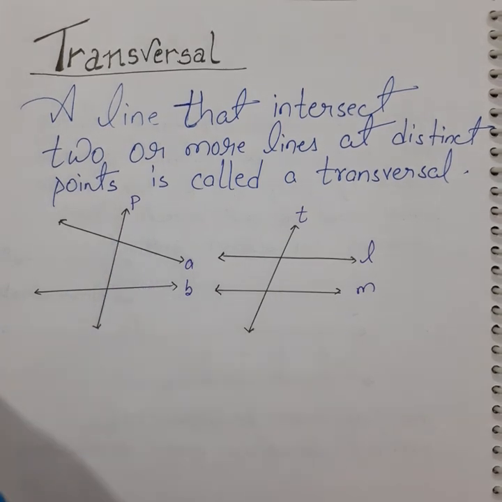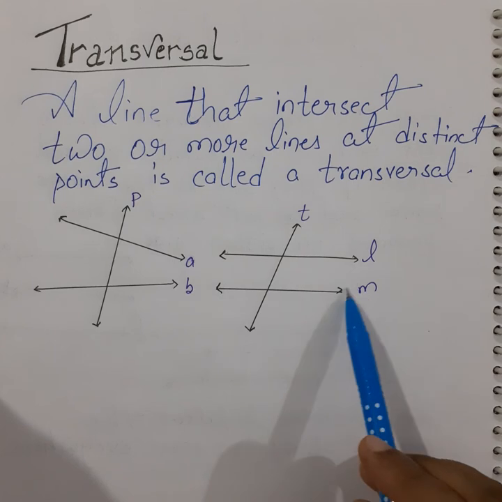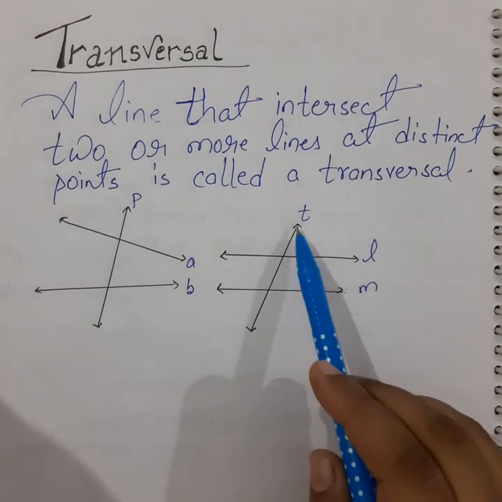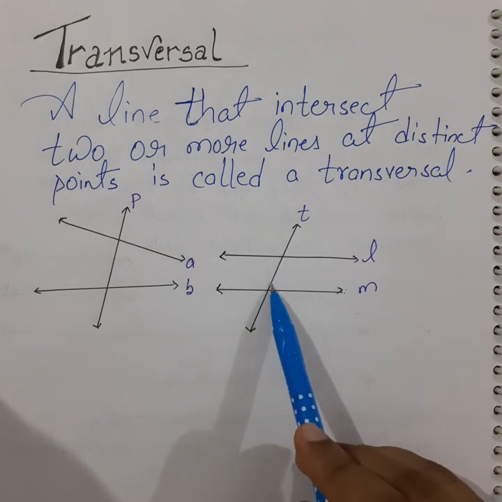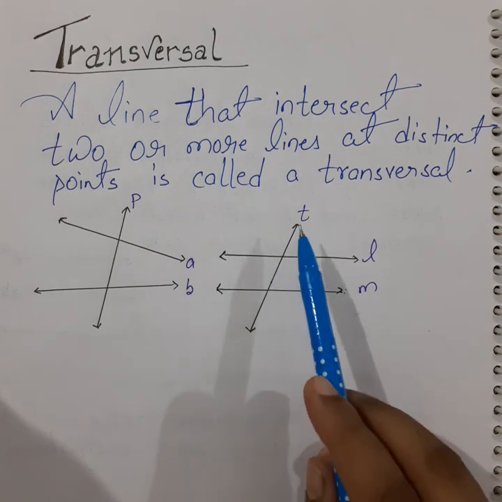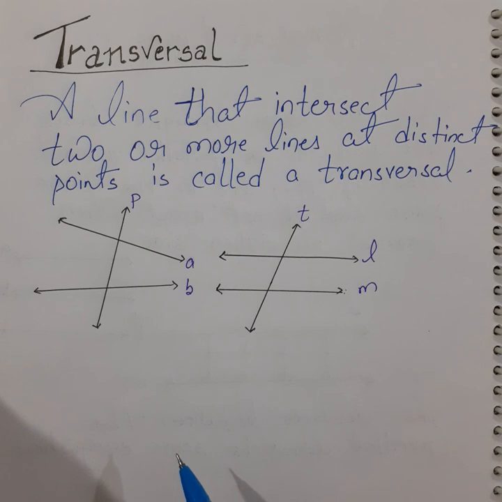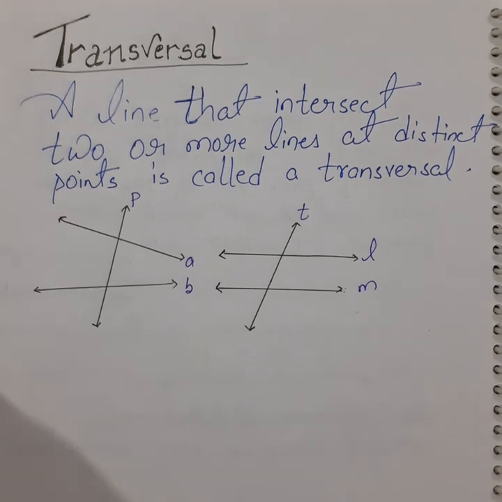So P is the transversal. In this figure we also see that this line T intersects lines L and M at two different points. So line T is the transversal. What is a transversal? A transversal is a line that intersects two or more lines.